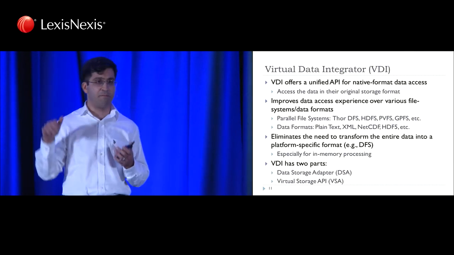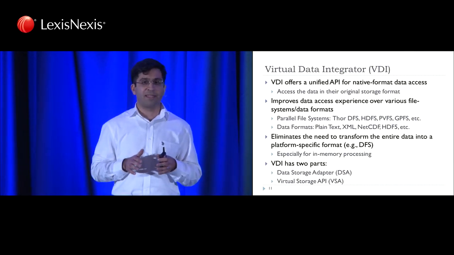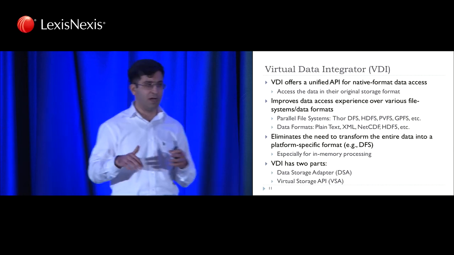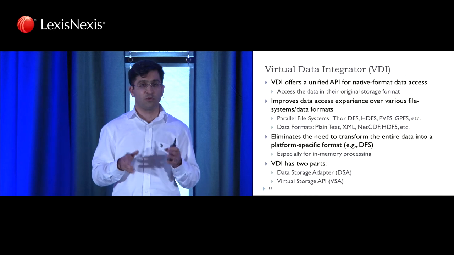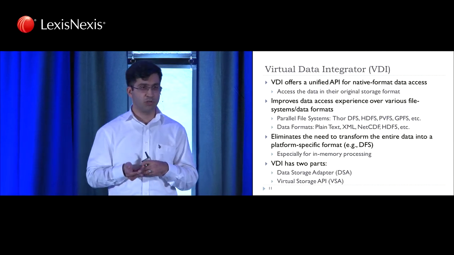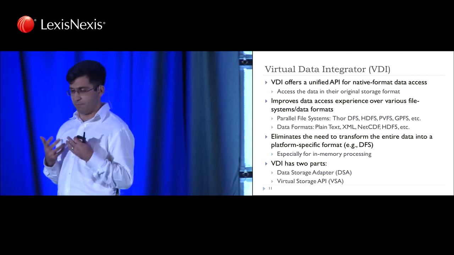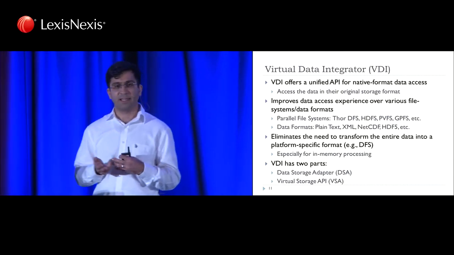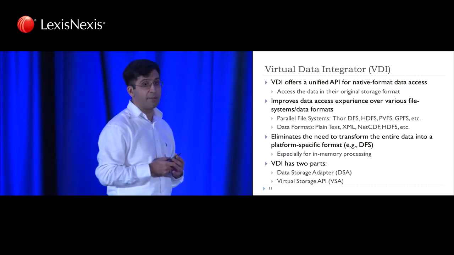The data is a kind of matrix-type data, and there's no way they can transform it into any other file system for processing, for two reasons. One is that the data is huge, and they probably don't have that many resources. Second, the data is being generated in real time.